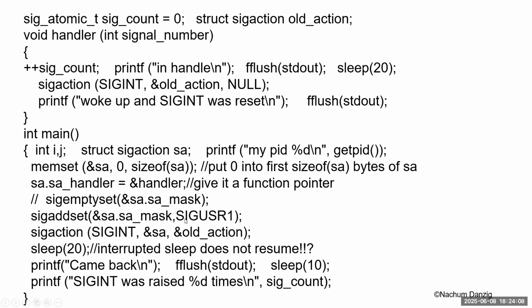I add to it the signal SIGUSR1. So the sigaction struct has several fields, just the ones that I show you. It has a mask field, and then when I do this single sigaction, it does both. It changes the signal of SIGINT to be whatever is defined as the handler in SA, and it also masks SIGUSR1.